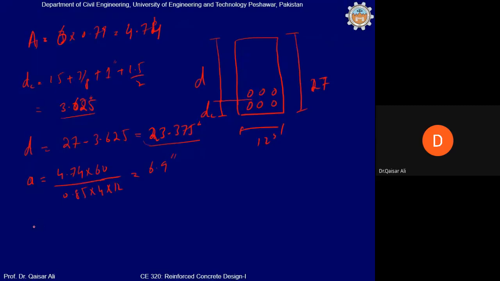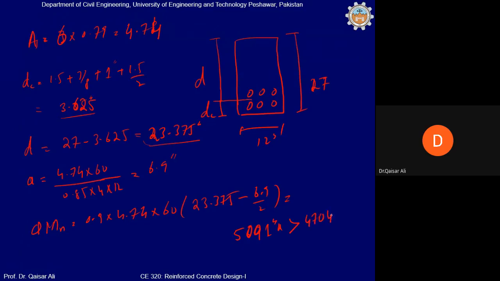From this, you can calculate the actual flexure capacity, which is equal to 0.9 multiplied by 4.74 multiplied by 60 into D, which is 23.375 minus A by 2, which is 6.9 divided by 2. वैल्यू बताइए शाबाश. 5091 inch kips, which is greater than the demand moment, which was equal to 4704 inch kips.